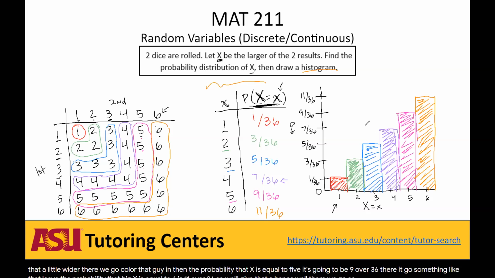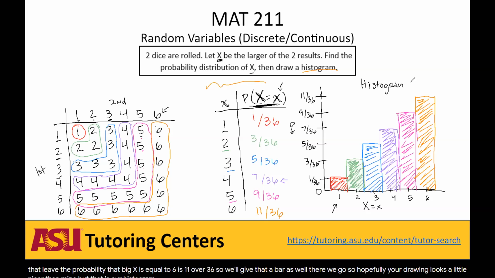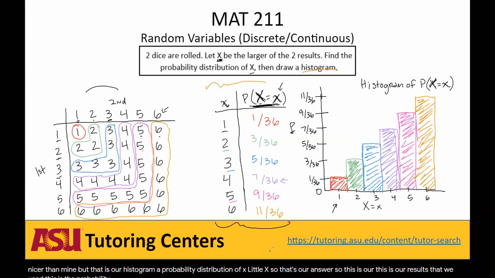Hopefully your drawing looks a little nicer than mine. But that is our histogram of our probability distribution of X. Big X, little x. So that's our answer. This is the probability distribution of X, and this is the histogram of that probability distribution.